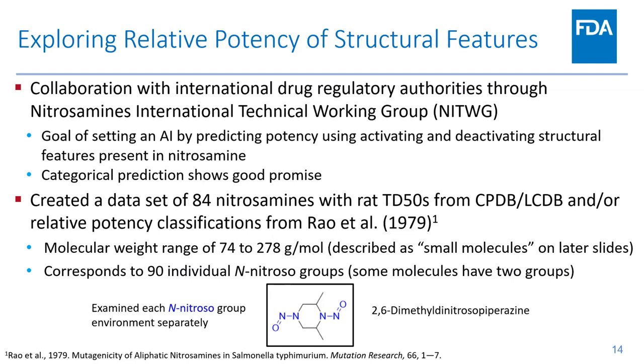But this is what we have data with, so it's just really a limitation of what is available to work with. And that data set, I should point out, corresponds to 90 individual N-nitroso group environments, because some of those molecules have 2 groups. And that's important to point out, because potentially the ability for those 2 groups to be metabolically activated could be different because they're in different chemical environments within the molecule. So that's something we need to consider separately when we're looking at applying SAR patterns.